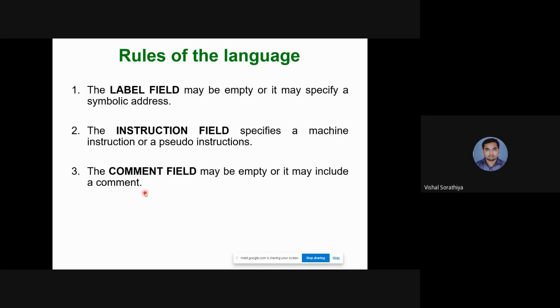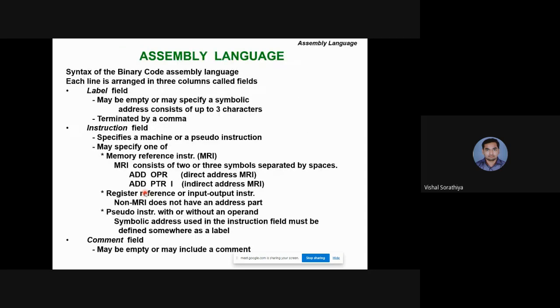But in assembly language, there are label, instruction, and comment. The label will be either a symbolic address or it might not be specified, then the instruction, and then there is a comment field. In assembly language, each line is arranged in 3 columns called fields. First is the label field, which, as I have told you, may be empty or may specify the symbolic address, consisting of 3 characters terminated by a comma. Then the instruction field, which specifies a machine or pseudo instruction.